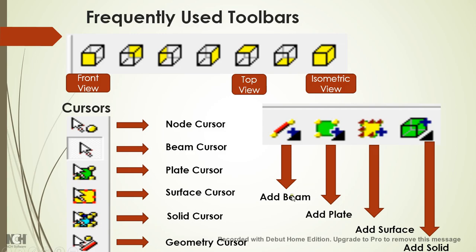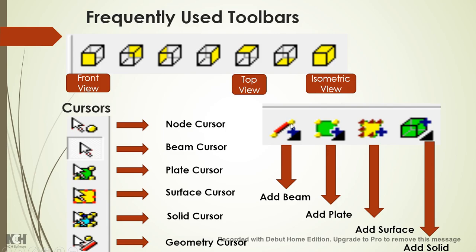Okay, and these are other frequently used toolbars. Like, I want to create a beam between two nodes, that is, node 1 is created here, node 2 is created. If you click on this one, it will give you an option to pick node number 1 and 2, and this will create a beam.